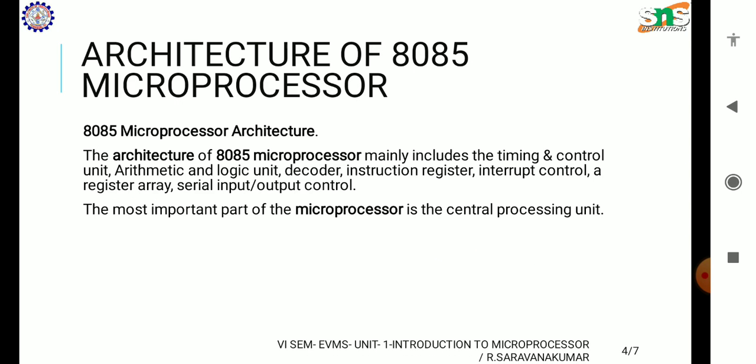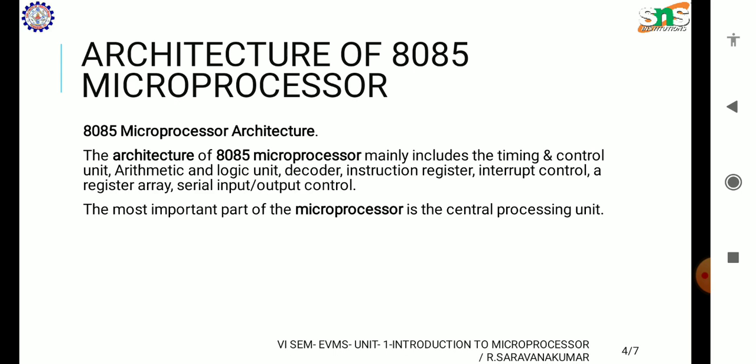The main structure of the 8085 microprocessor mainly has the timing and control unit, the ALU (arithmetic logic unit), the decoder, the instruction register, interrupt control, the register array, and serial input and output control.